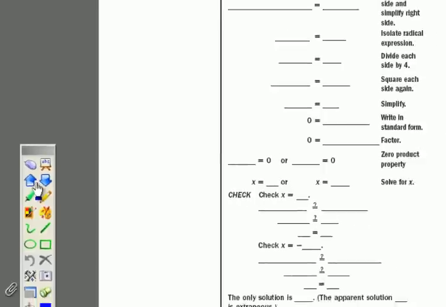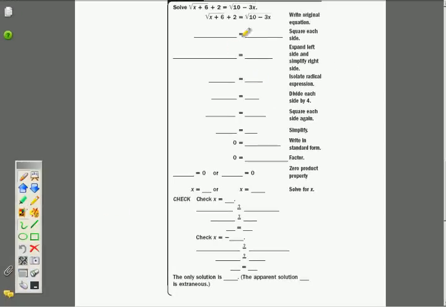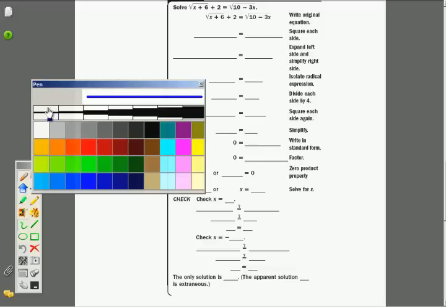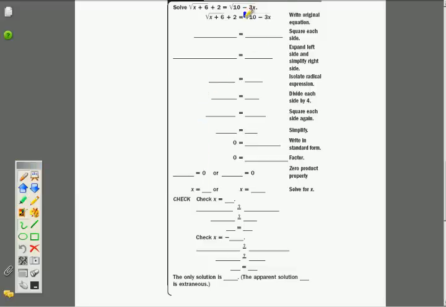Our first step here is going to be to square each side, and so if I square the right side, 10 minus 3x, not so bad.